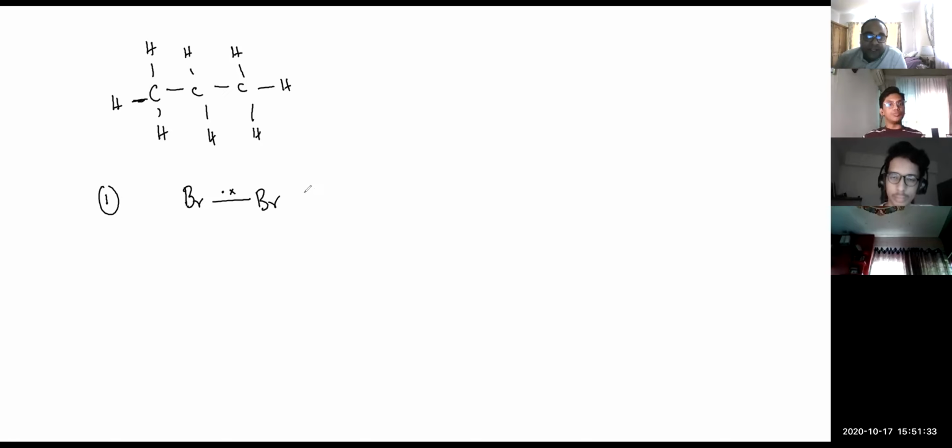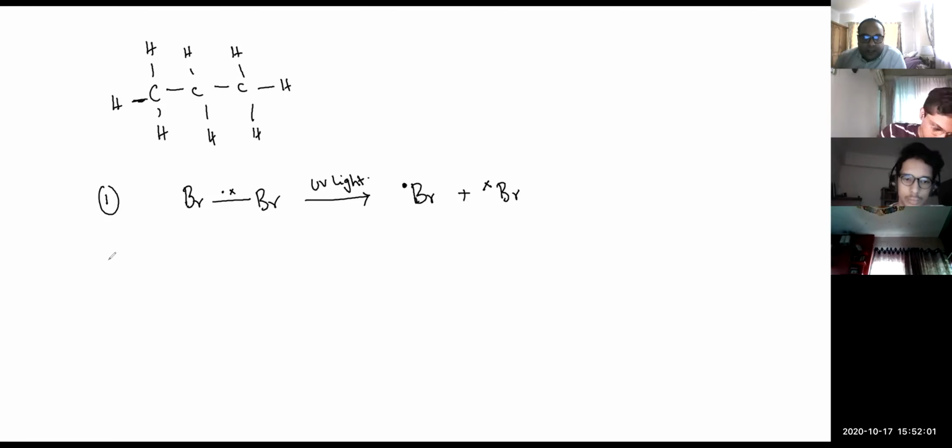We will apply UV light to it. Actually we don't heat it, it's direct sunlight. With UV light, this breaks down into a bromine free radical plus a bromine free radical. The next step is that one of the bromine atoms attacks; we'll learn how next class.